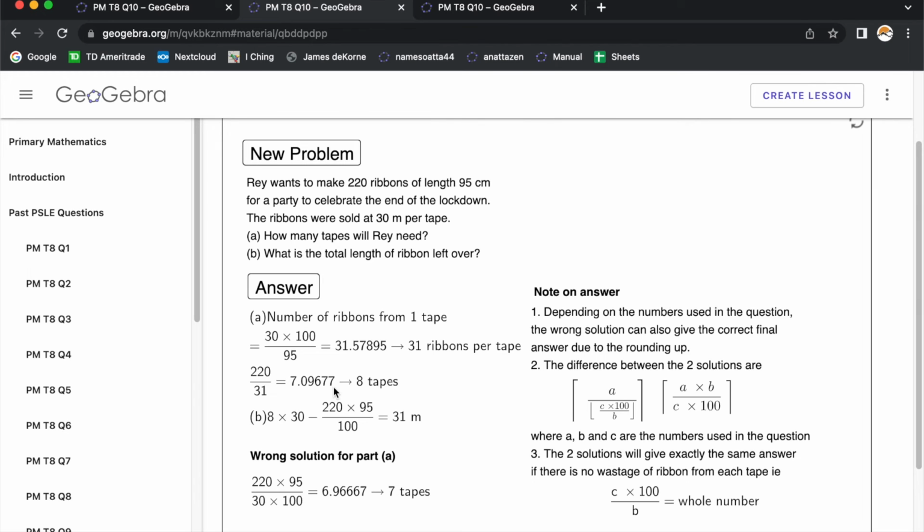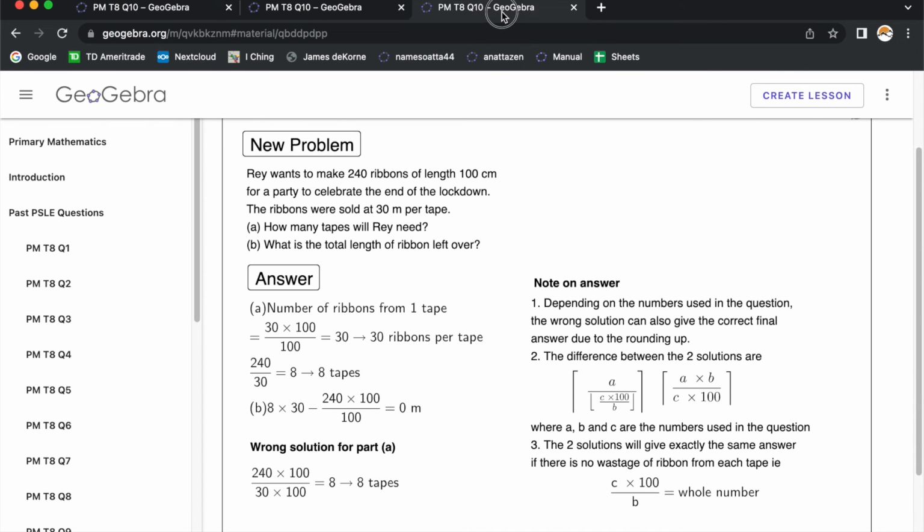What do you notice? Before the rounding off, for the correct method, you get more than 7, so that's why you have to round it up to 8. But for the wrong method, you get less than 7. As a result, when you round it up, you only get 7 instead of 8. So it all depends on the numbers that are being used in this problem.